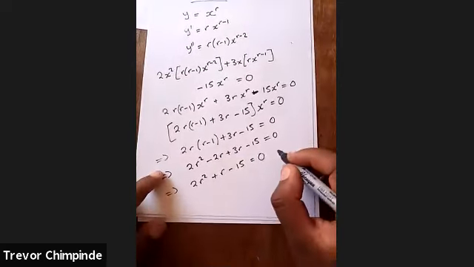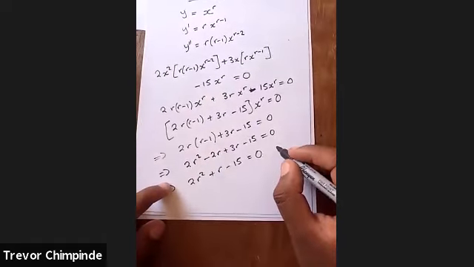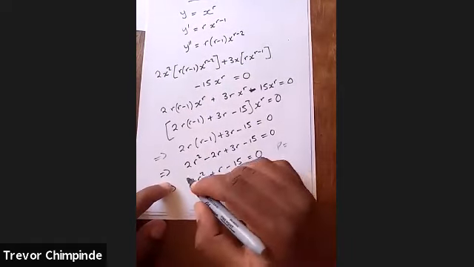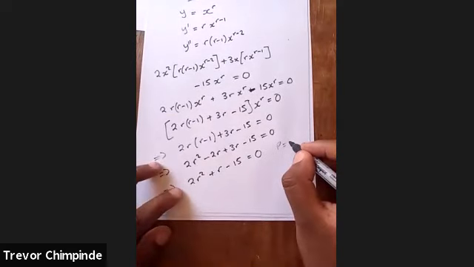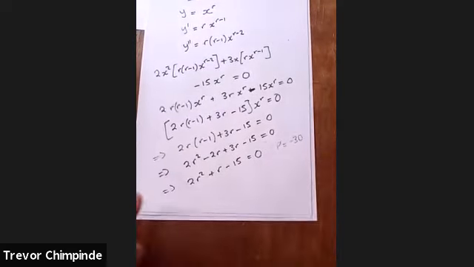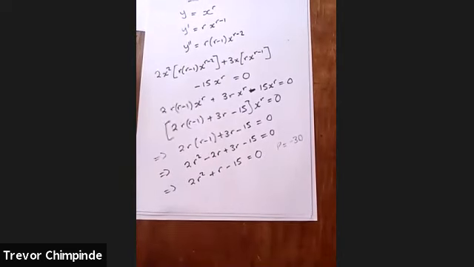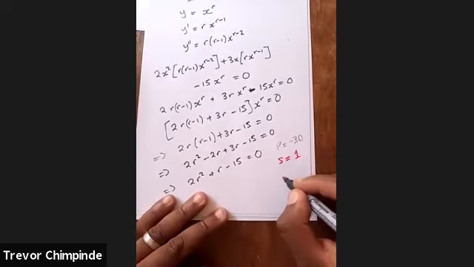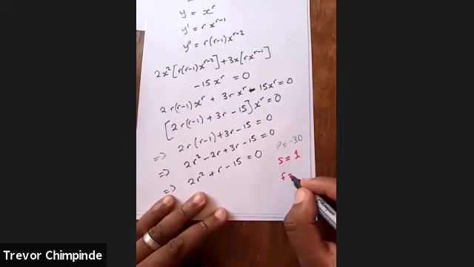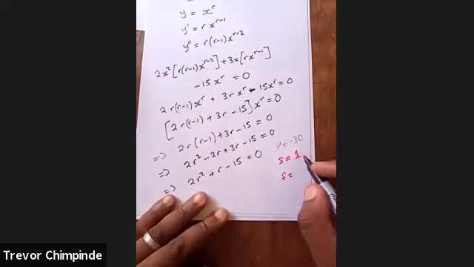If you remember from high school, we take the product a times c, which gives minus 30, and the sum is 1. So what are your factors? 6 and negative 5.